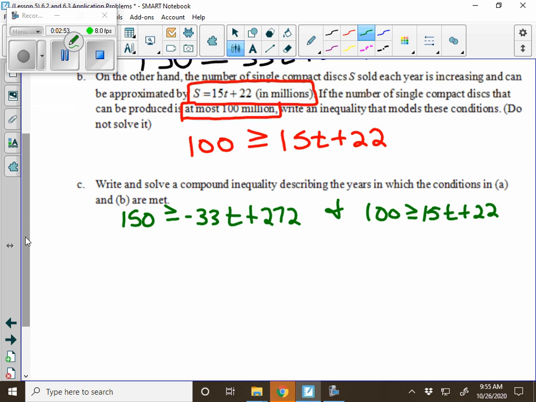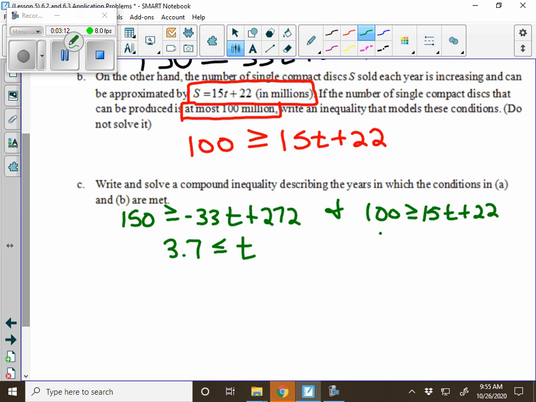Now, to save us some time here, I'm going to solve it. So we know we subtract, divide, all those things. When we divide by a negative, you flip the sign. So here we get 3.7 is less than or equal to T when we solve.